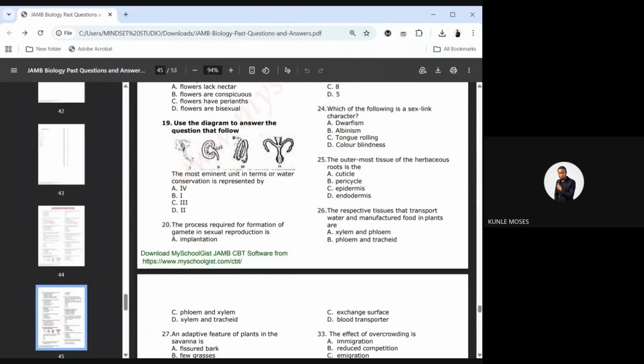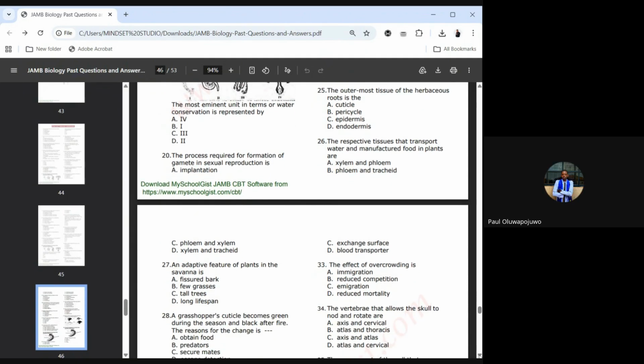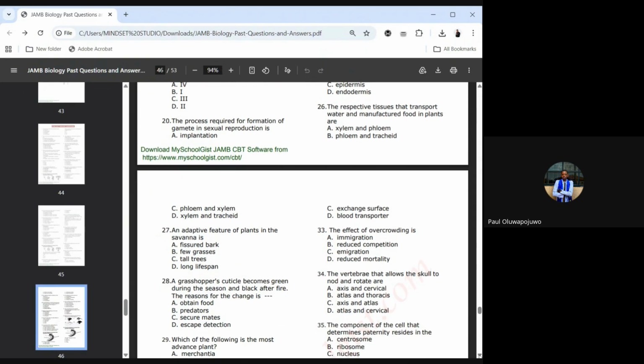The respective tissue that transports water and manufactures food in plants are that one. Bonus mark for you. What's the answer? What's the part that allows the skull to nod and rotate?